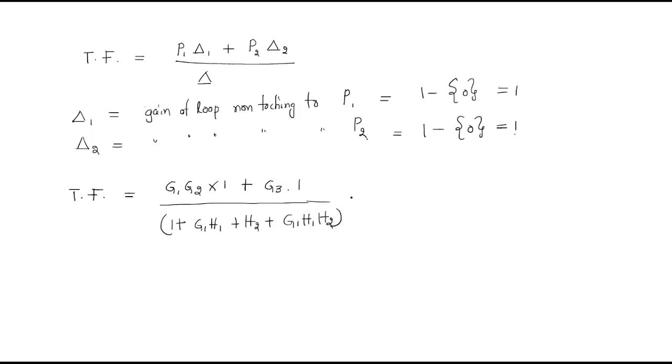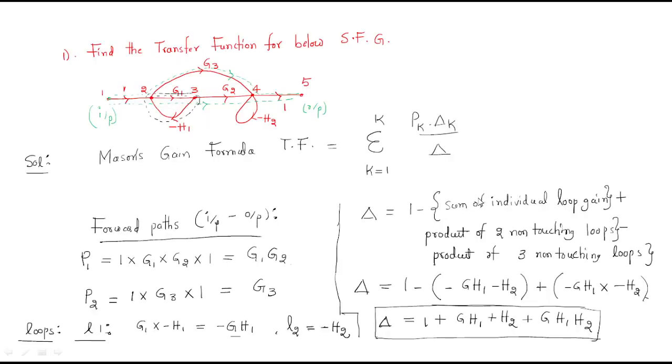By simplification we get G1 G2 plus G3 by 1 plus G1H1 plus H2 plus G1H1 and H2. So this is the transfer function of the given signal flow graph.